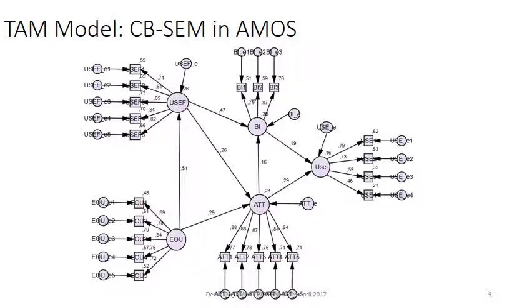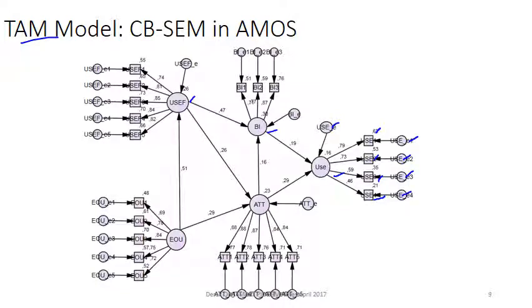An example of how AMOS looks for the technology acceptance model is one of the examples I'm using here. As you notice, these are your latent constructs, and each of these are your measurement items. You also notice that in each of these, the error variances have to be modeled.